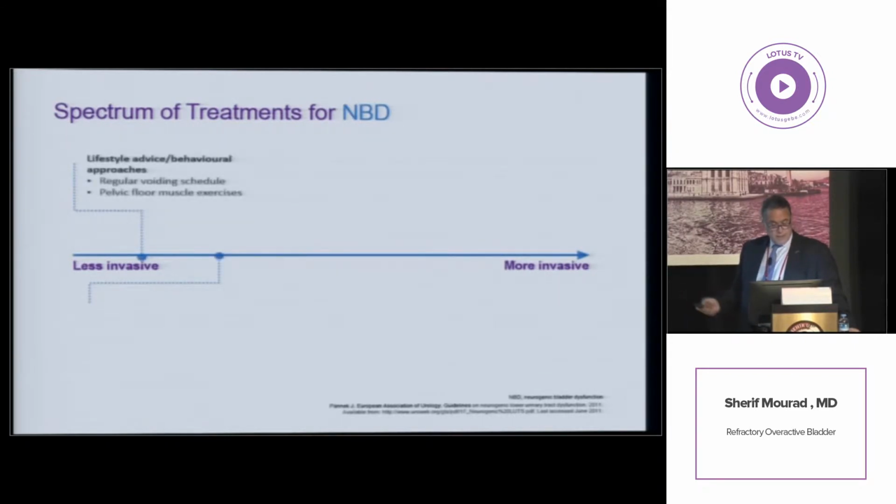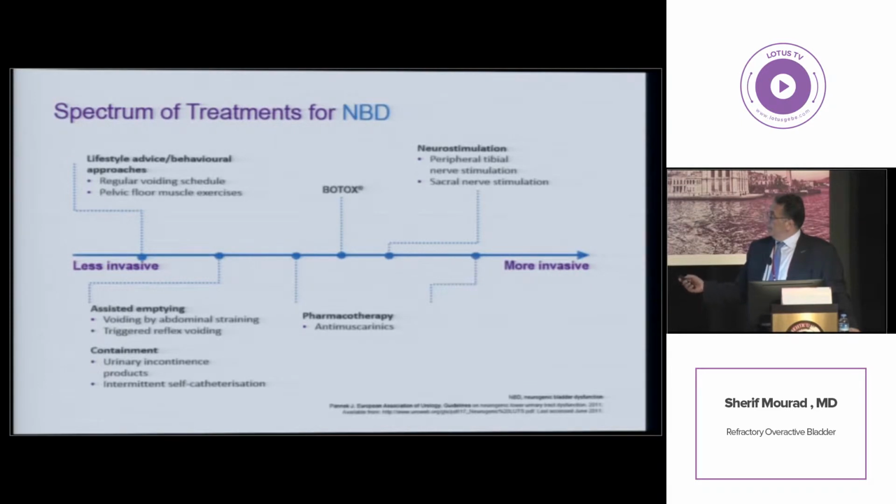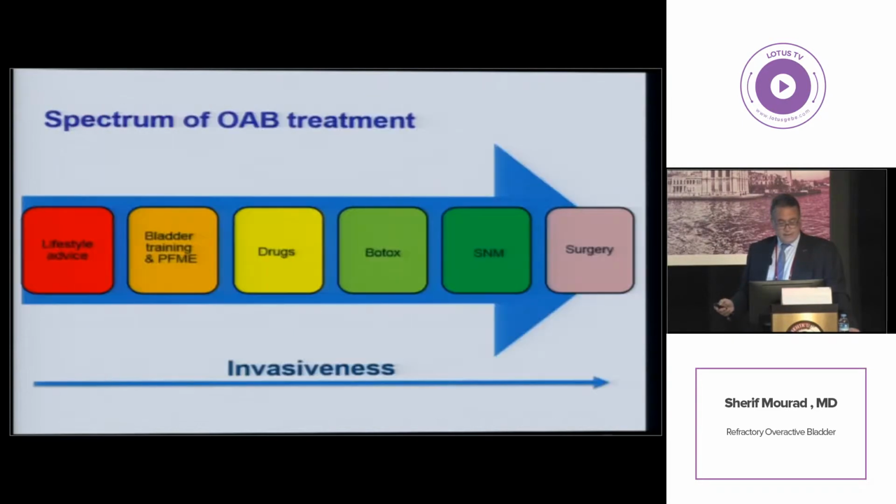So you start with lifestyle advice and behavioral approaches, then pharmacotherapy, mainly antimuscarinics or beta agonists, and then you go to either Botox or neuromodulation, which one is first, this is what we are going to discuss, and at the end, surgery, augmentation or diversion. This is how you need to think in the treatment of overactive bladder: start with the less invasive to the most invasive.